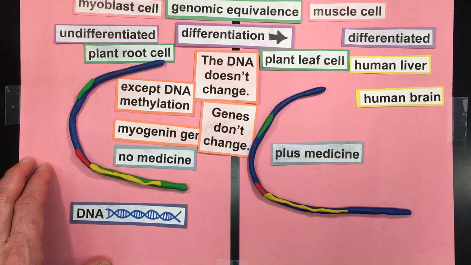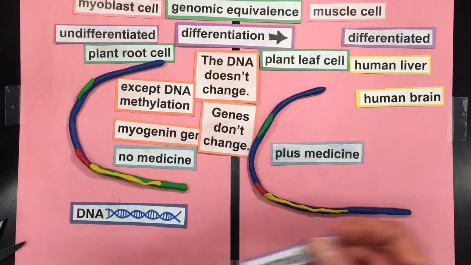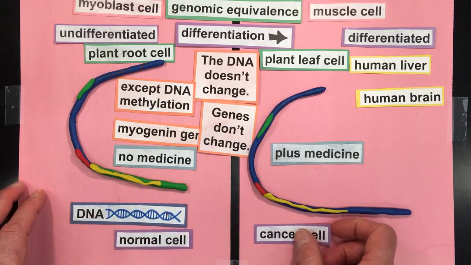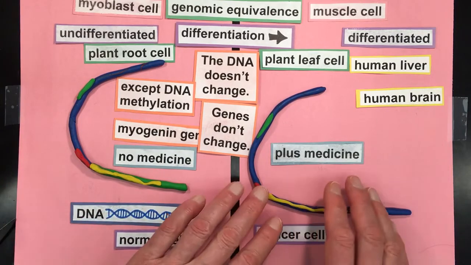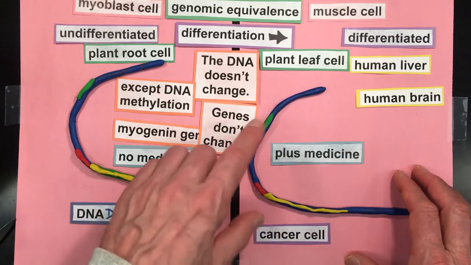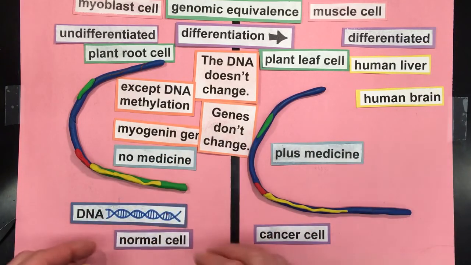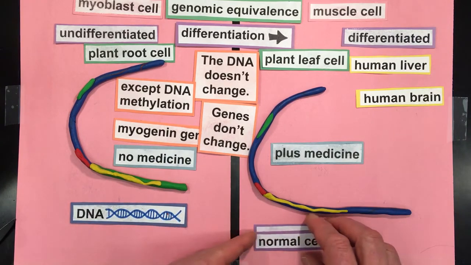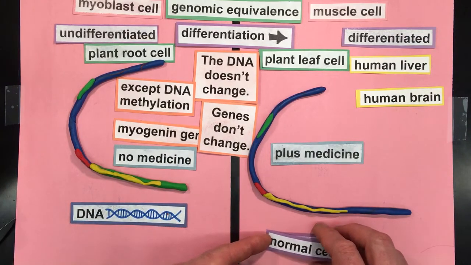There's some important exceptions to that. So for example, if we compare a normal cell with a cancerous cell, the cell has become cancerous because there have been changes. Mutations have occurred in the DNA. And it's true that during our lives, there will be a small number of random and rare mutations that occur in our cells.